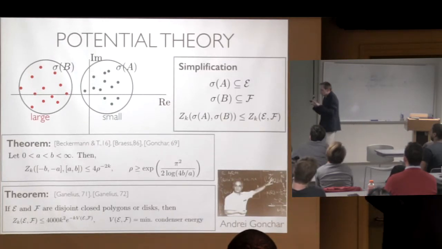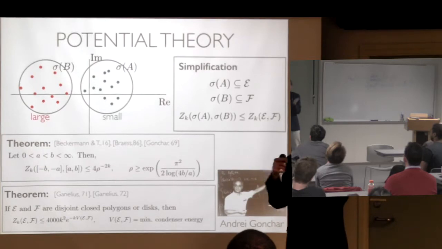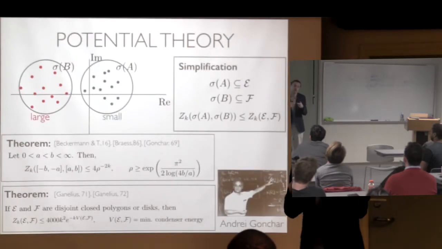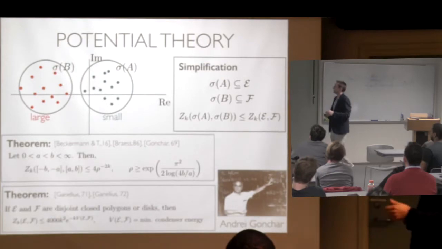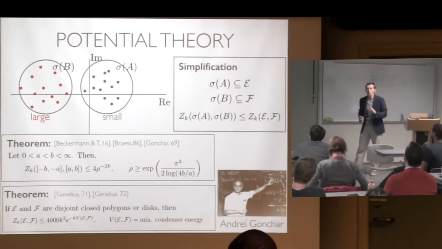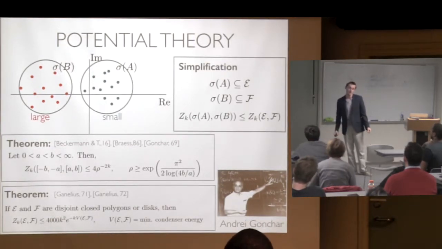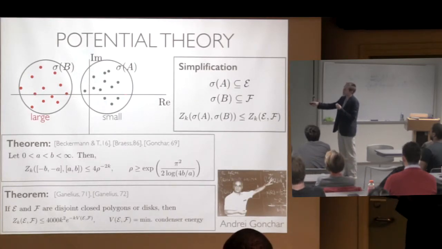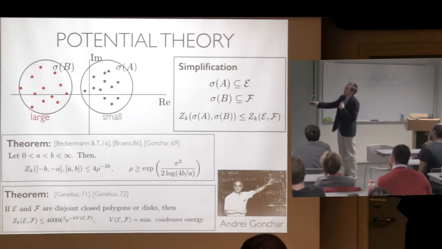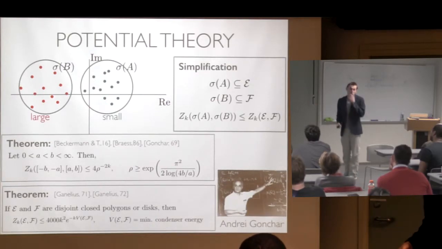If those plates are really close together, the positive and negative charges can start using each other to minimize what's called their condenser energy. If that minimum condenser energy is small, that's bad news for rational approximation, because it's harder to come up with a rational function that's small on this region and large on this region if they're close.